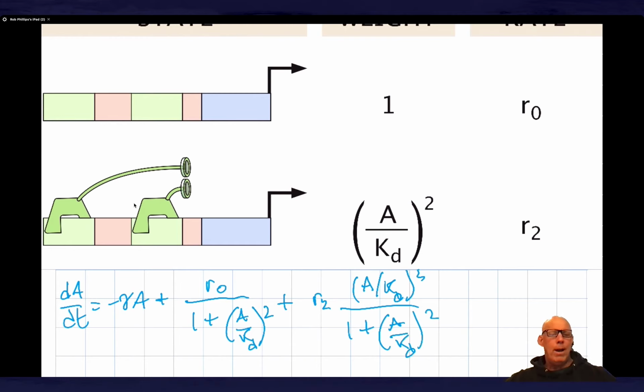So that's my simplified version of the dynamics of the autoactivation switch.